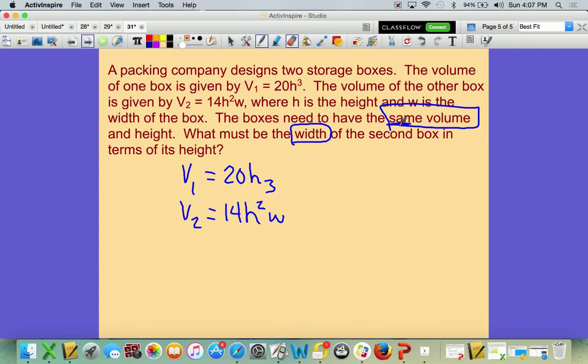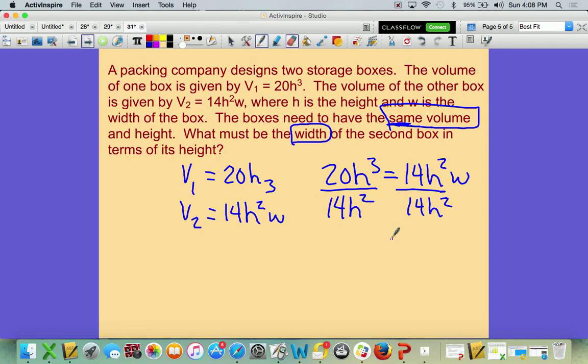Now, because they have to have the same volume, we can set these equal to each other. And then, all we need to do is solve for w here.